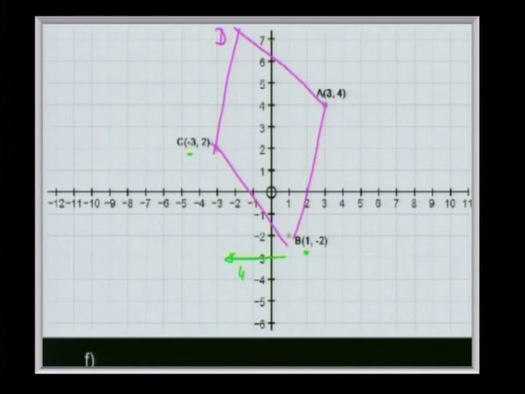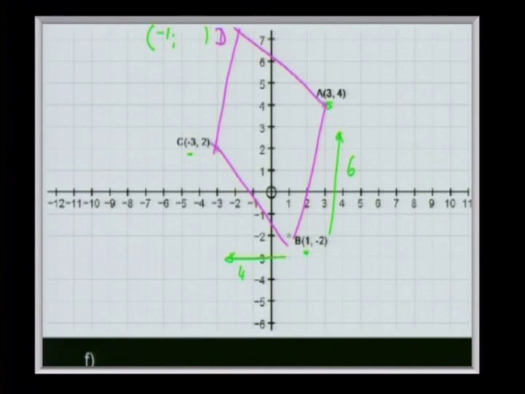So from 3 to what are they going to change 4 units? You're right, minus 1. Let's have a look at our y values. From minus 2 to 4, how many units do they change? 6 upwards.